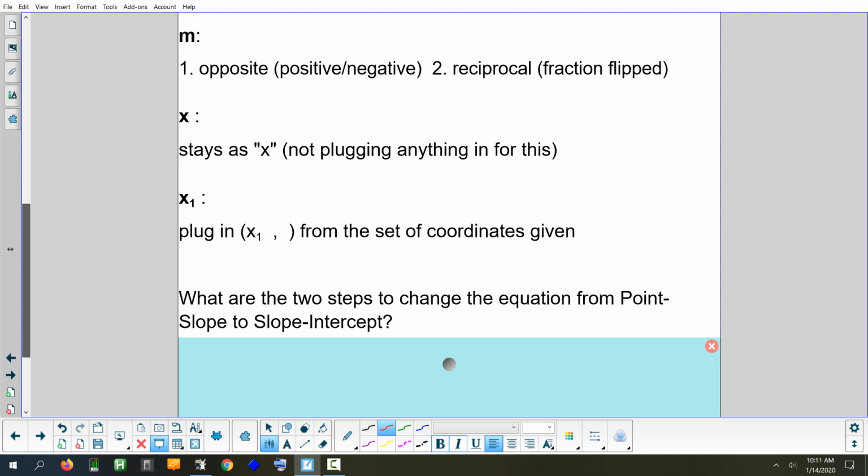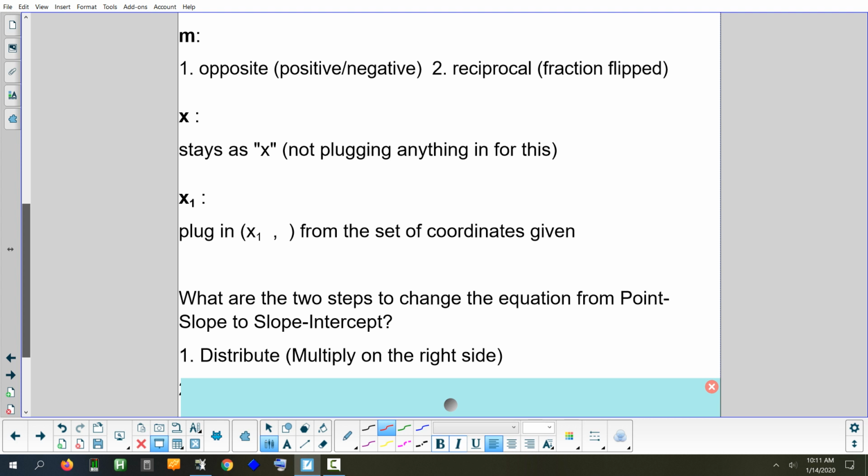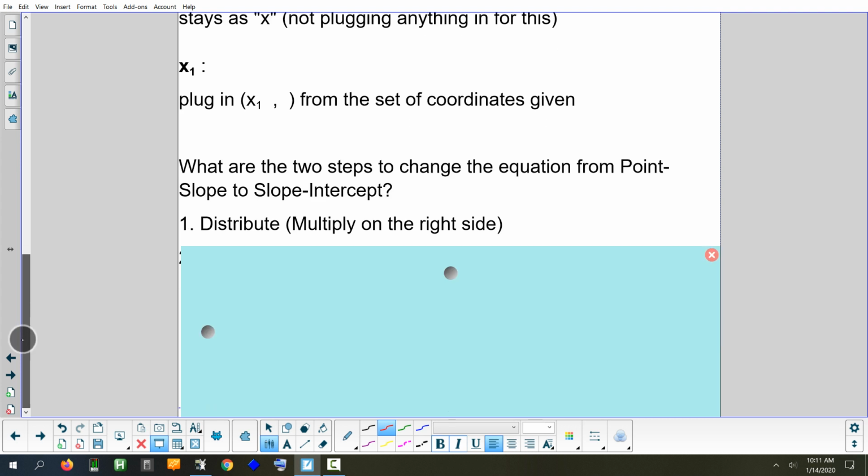Distribute. Yep. First thing you want to do is distribute, and that's on the right. So you distribute what's on the right. And then what's the second thing you have to do?